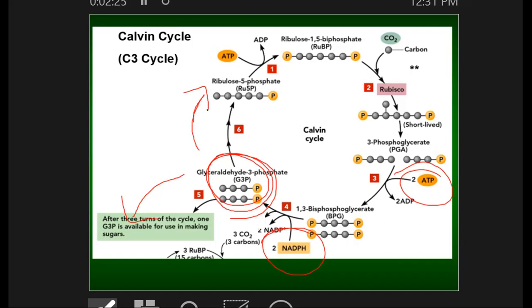Lots of stuff happening there to take the G3P molecules and convert it to, eventually, RU5P, ribulose 5 phosphate. So it's close, but not quite there. You need one more phosphate. And so you see, again, ATP involved from the light reactions. And then you end up with 2 phosphates. So now you can say, yep, that's RUBP, a 5 carbon sugar with 2 phosphates. All right, so we worked through that last week.